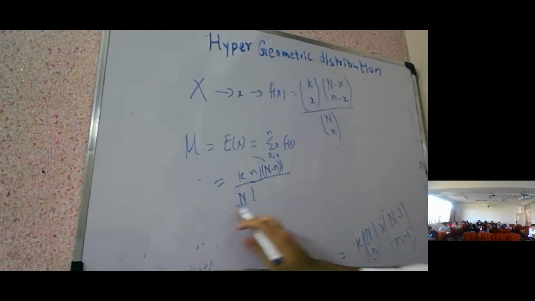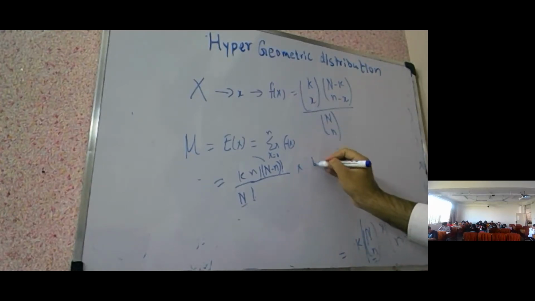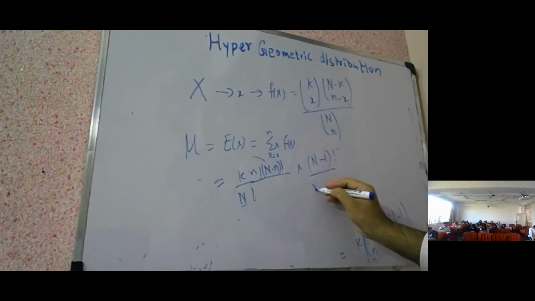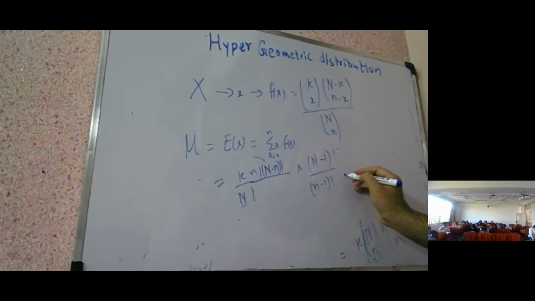I just solve this, open it and solve this, because this is in the denominator, times n minus 1 factorial upon small n minus 1 factorial into n minus n factorial. Right? So this n minus n factorial and this one will cancel out.